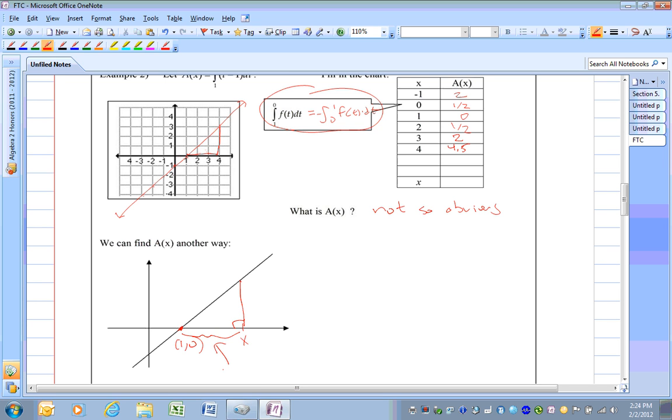How can I write my base in terms of x? What would be the length of my base in terms of x? x minus 1, good. Remember area of a triangle? 1/2 base times height. So 1/2 times x minus 1. Now let's look at the height.